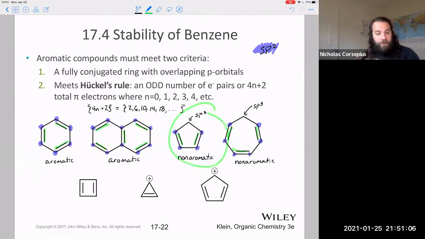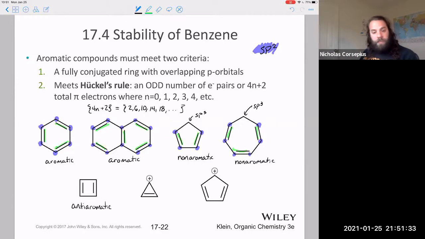We actually saw this compound participating in these Diels-Alder reactions. Nonetheless, although they're conjugated, it's not aromatic. Aromatic is now this special type of conjugation that's specific to rings. We did cyclobutadiene. Remember that that one met rule 1, but failed Hückel's rule, which made it anti-aromatic.